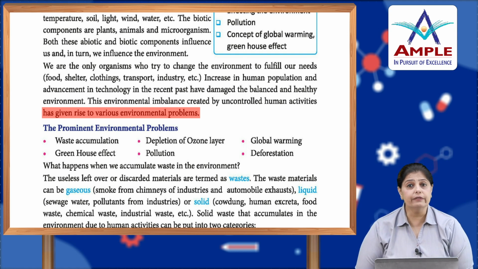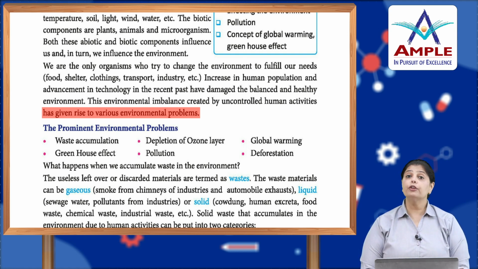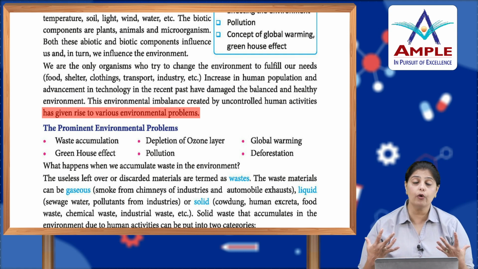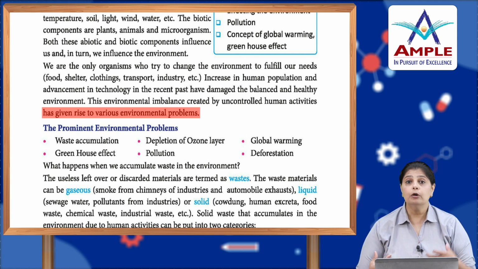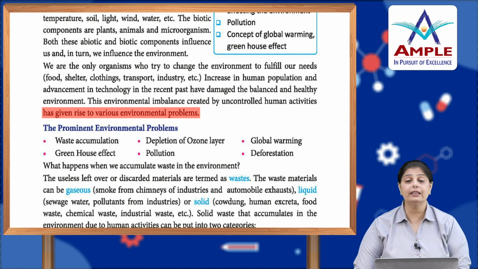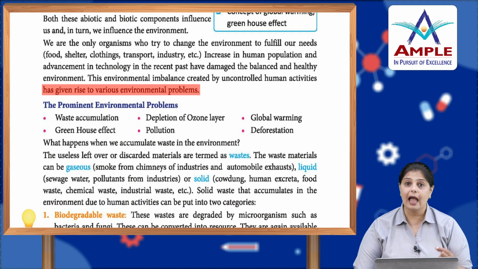With the increase in population, there are more people on the surface of earth, more needs, more demand, more supply. For this supply, there is more destruction of the environment. Not only destruction, it leads to many activities which are uncontrollable by humans, and that's the reason why the environmental imbalance has happened.